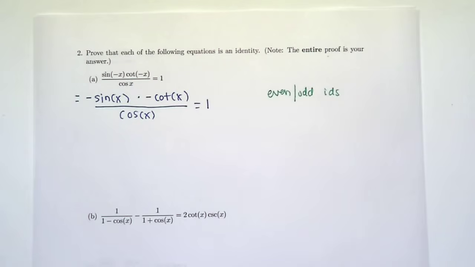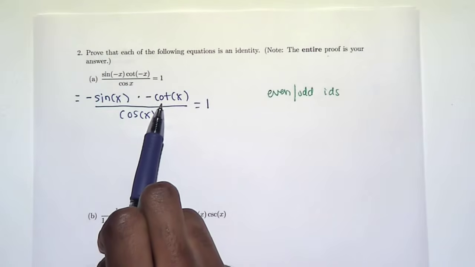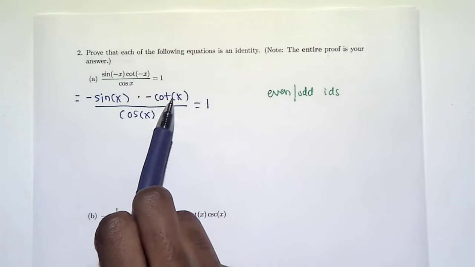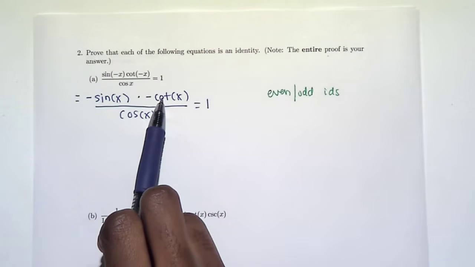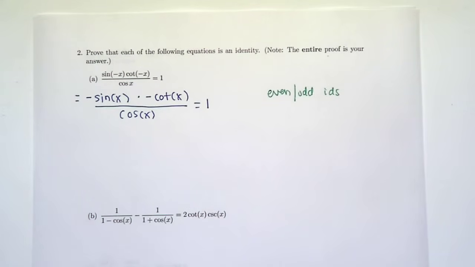All right. Next, I notice I have sine and cosine here. This cotangent is throwing things off, so maybe I should rewrite this as a quotient identity, cosine over sine.